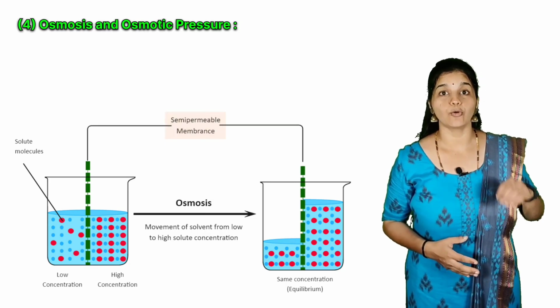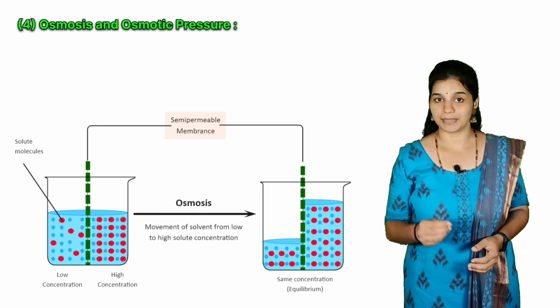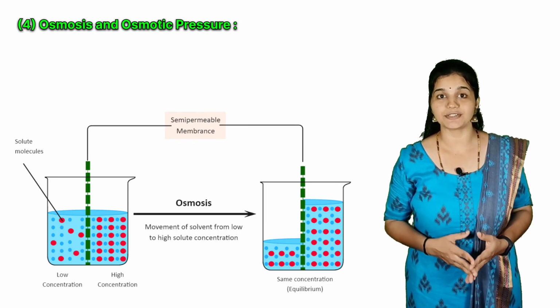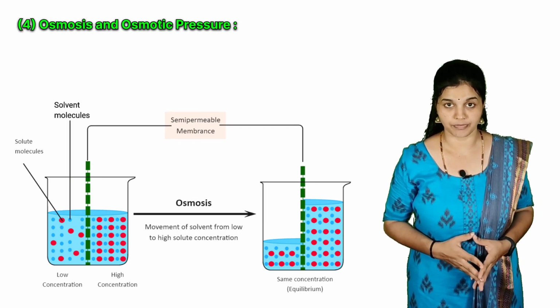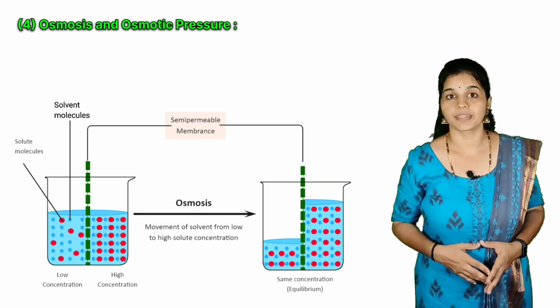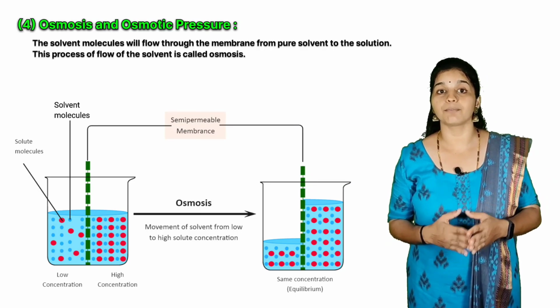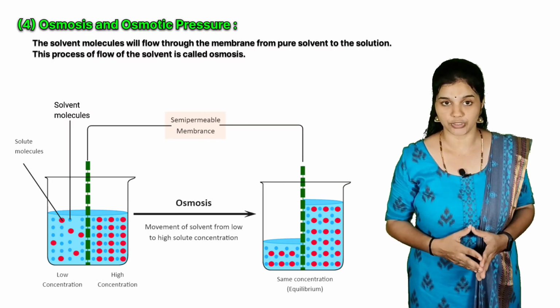Let us assume that only solvent molecules can pass through these semi-permeable membranes. If this membrane is placed between solvent and solution, you can visualize this from the figure here. The solvent molecules will flow through the membrane from pure solvent to the solution.